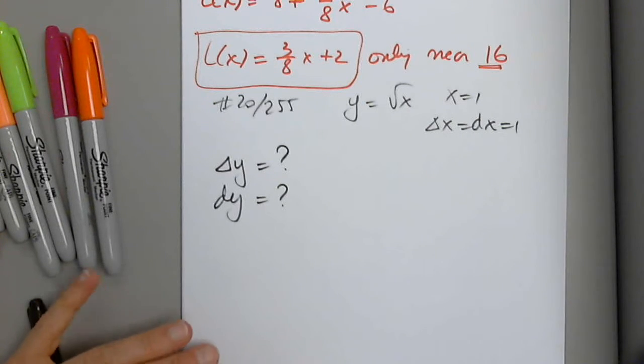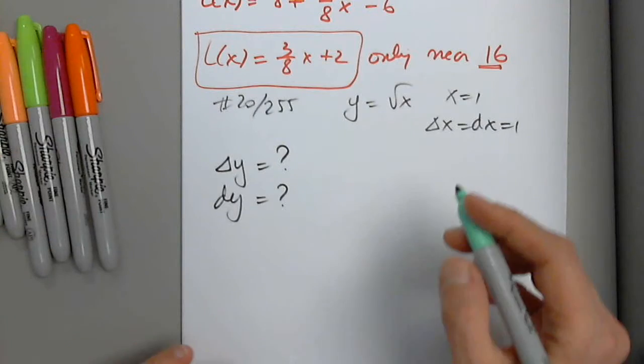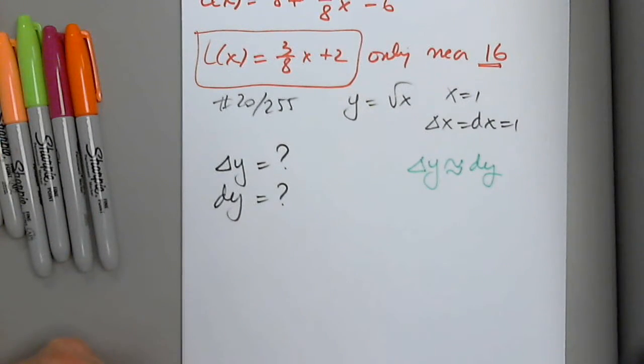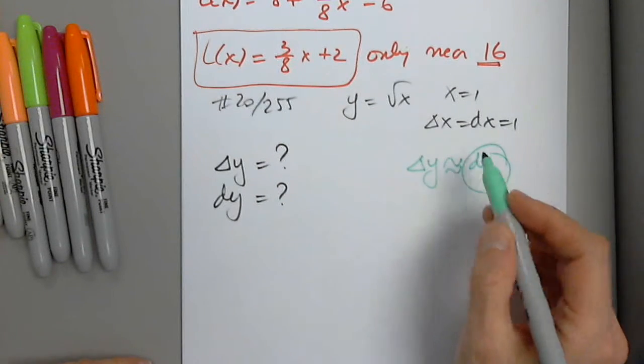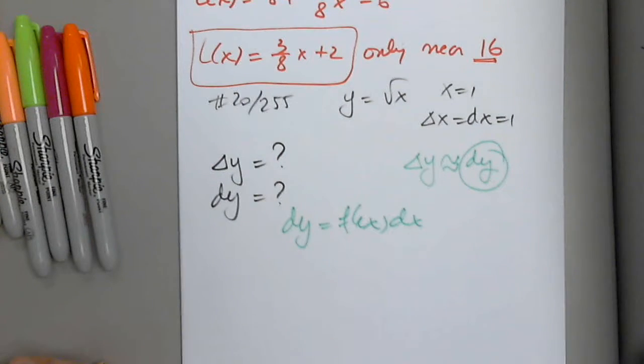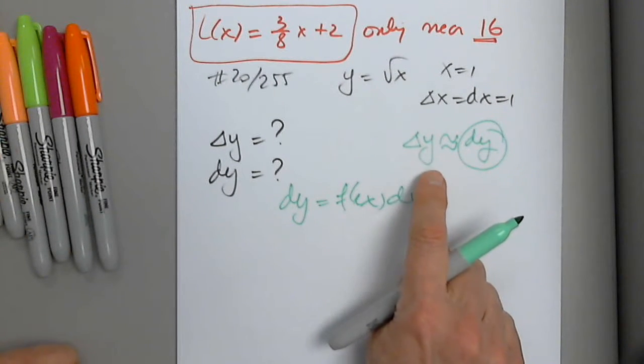I thought they were the same. They are close, yes, but in calculating them, one is more difficult than the other. You're right, delta y should be very close to dy as long as dx is not large. But which of these two is easier to calculate? dy, because dy is f prime of x dx, and I'm done. Exactly. This one, delta y, you will see in a moment, requires way more work.